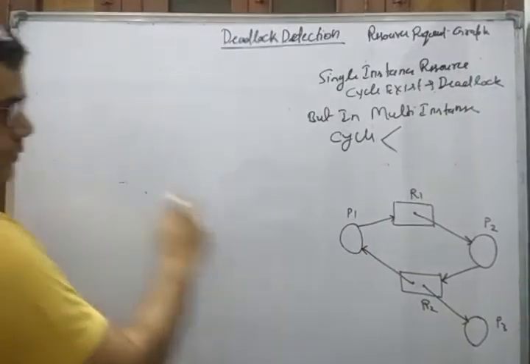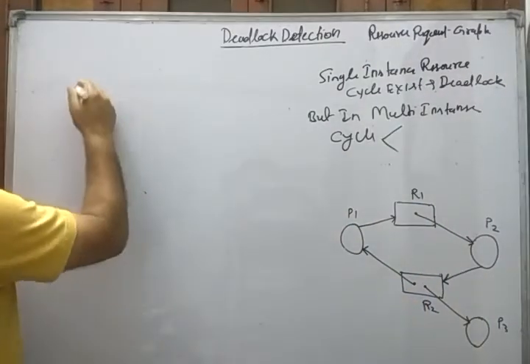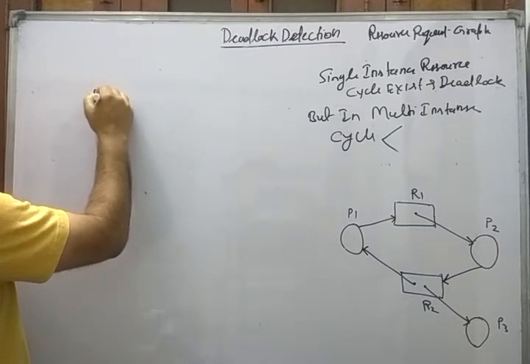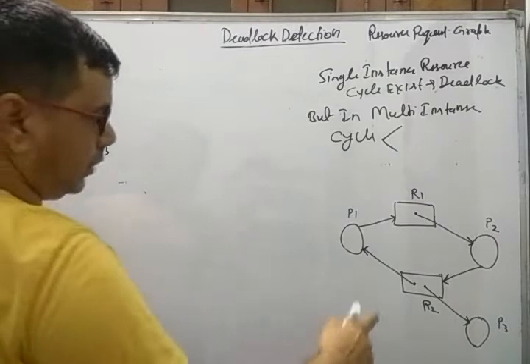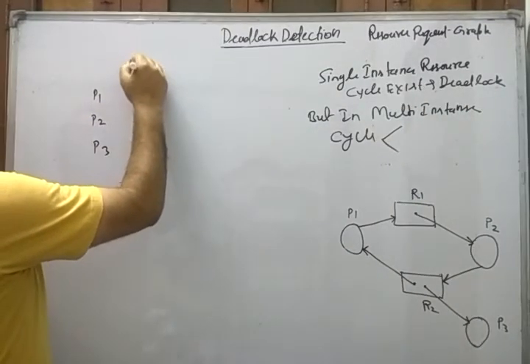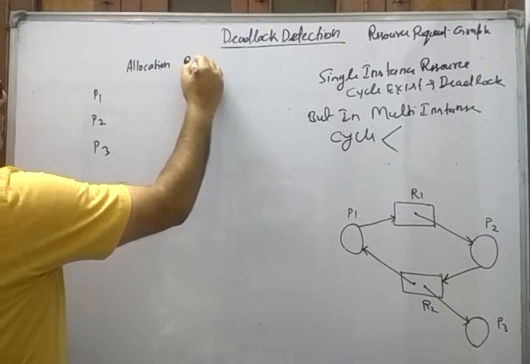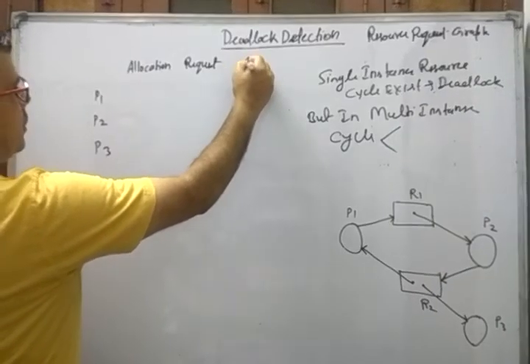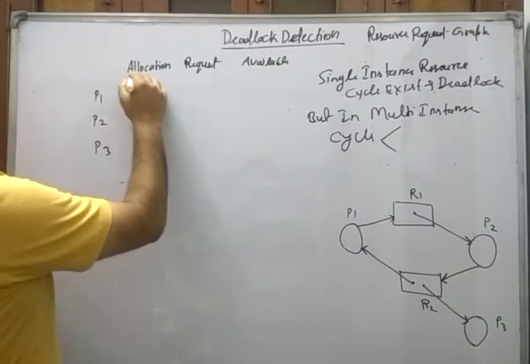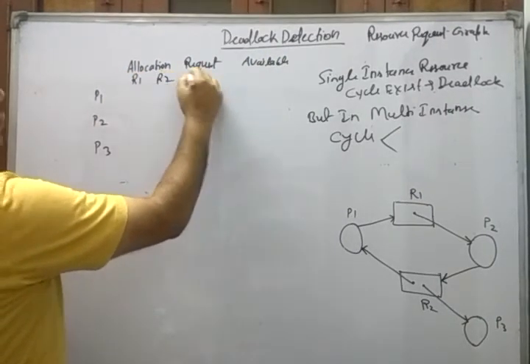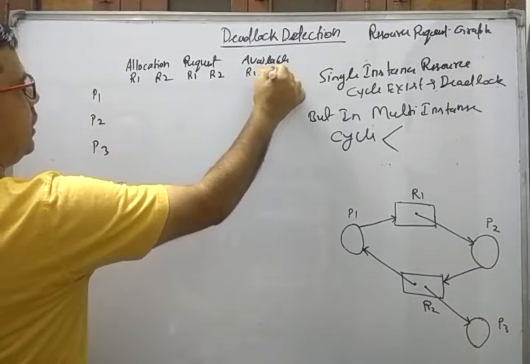Here there are again three processes: P1, P2, and P3. Now we will make allocation, request, and availability. There are two resources, R1 and R2.